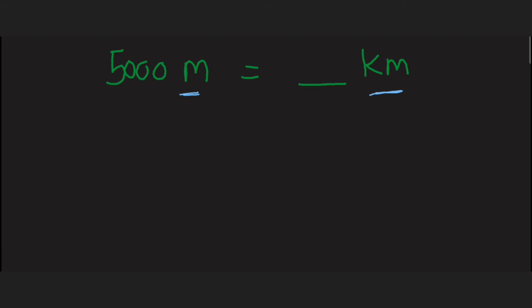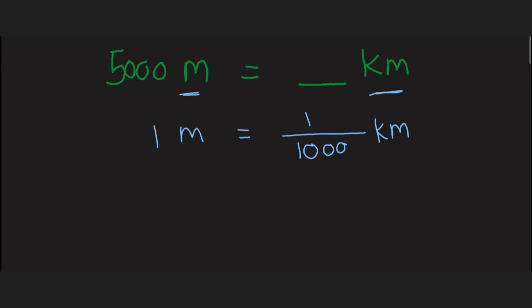In the previous slide, we have seen that to convert from smaller unit to the bigger unit, we have to divide. So from meter to kilometer, 3 hops were there. So what we are going to do? We are going to say that 1 meter is equal to 1 upon 1000 kilometer.